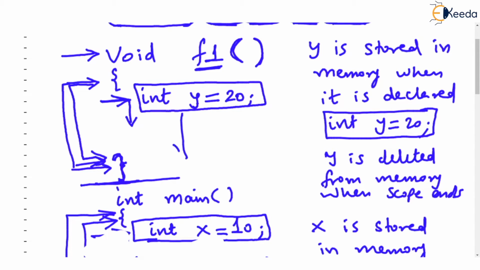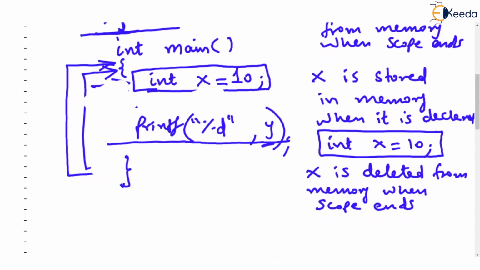That means within this scope. And you are trying to use y beyond the scope. Come on, beyond the scope, y will be killed, I said. When the scope ends, y is no more there in the memory. So there is no question that main can even see y. Main can't even see. We call this visibility. For main, y is not visible.